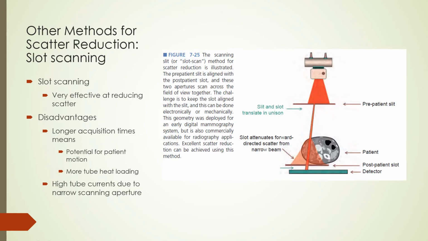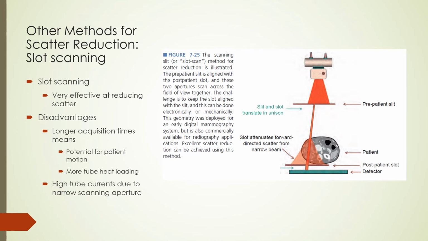Another method that can reduce scatter radiation is to use slot scan radiography. Slot scan radiography can be regarded as a gold standard in scatter reduction methods. This method works very well because a very small field is being imaged at any point in time, as the figure shows. Most scatter is prevented from reaching the image receptor and the image is produced by scanning the small slot across the entire field of view.